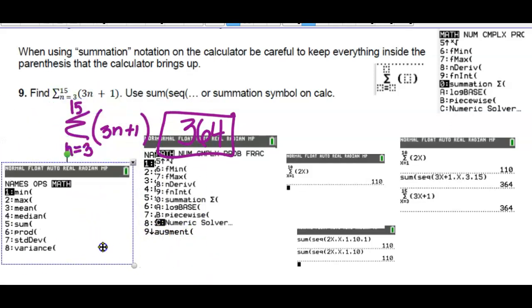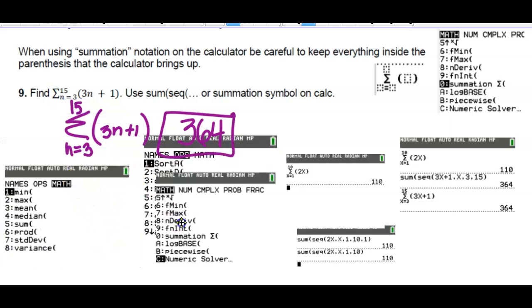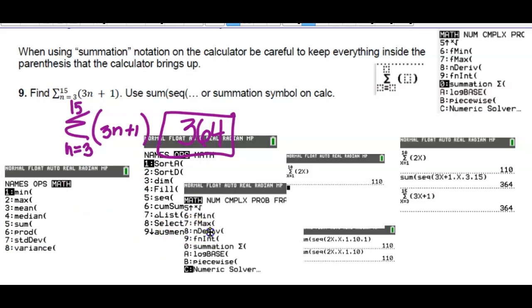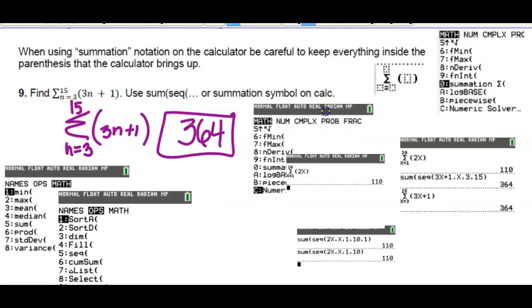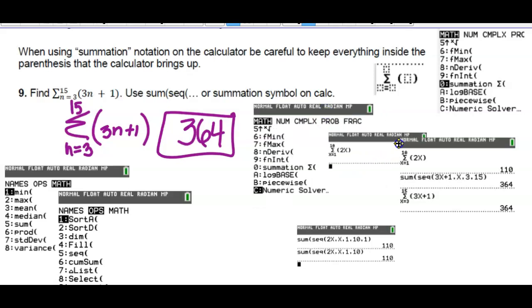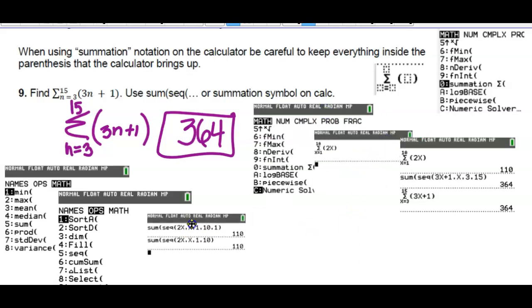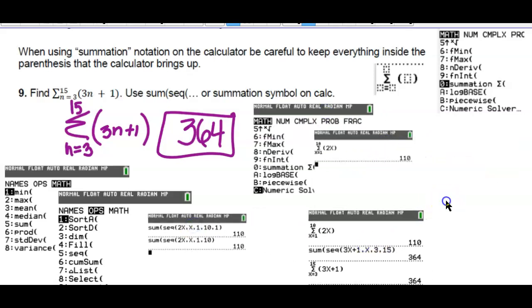So if you use the list button, that would be these two. You would go to math to find sum and then ops to find sequence. If you want to use the math button, then you use that summation notation. So that goes with this one. And these go with that.